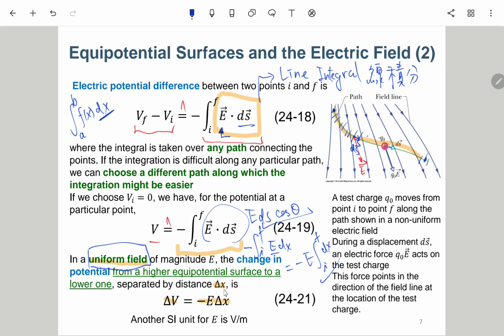Okay, so one thing I forgot to mention is that the SI unit for V is actually V, okay? So volt, V-O-L-T, okay?